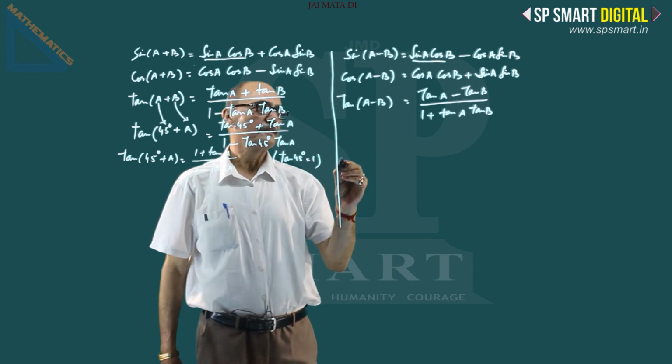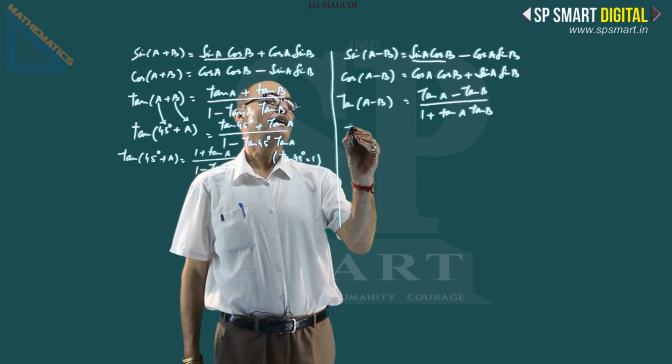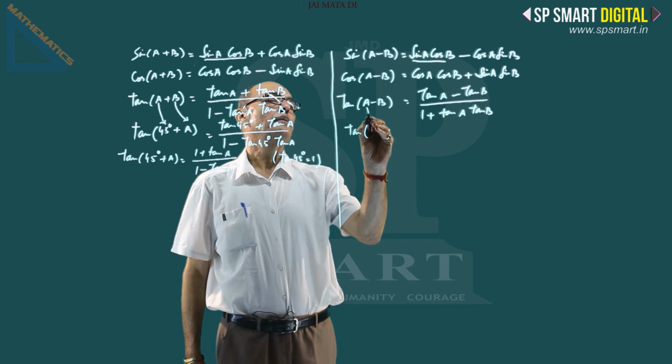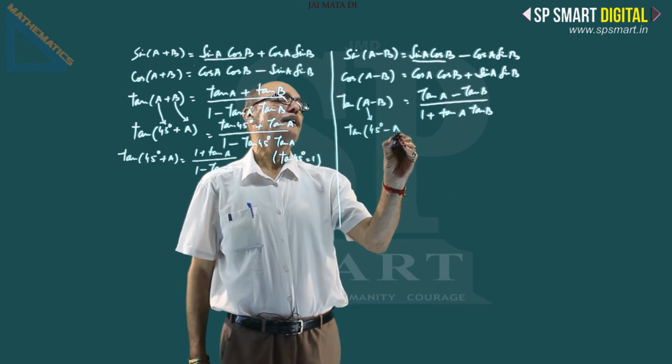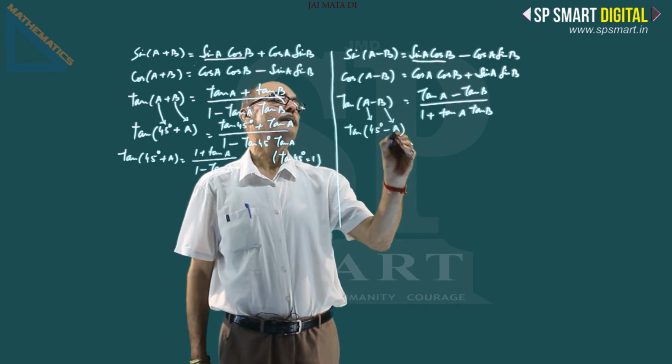Similarly, in this case, tan of 45 degrees minus A, replace A by 45 degrees, B by this angle.